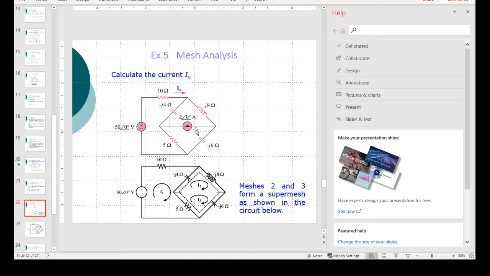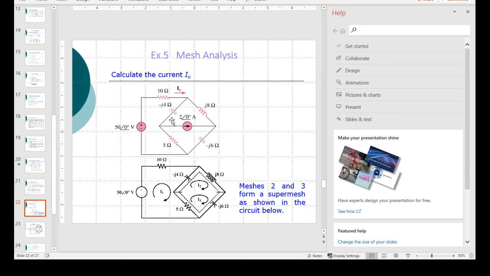No. What we do is we create what we call a super mesh. We take out that source, and there we have taken it out. Now we are going to look at this mesh, right? That's your super mesh, the dotted line. I'm still going to use these currents. Alright?